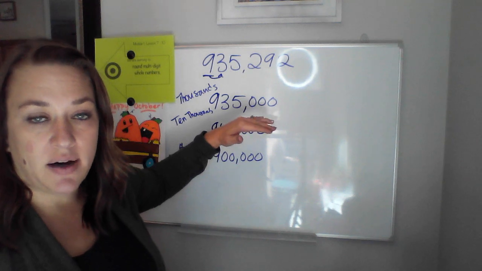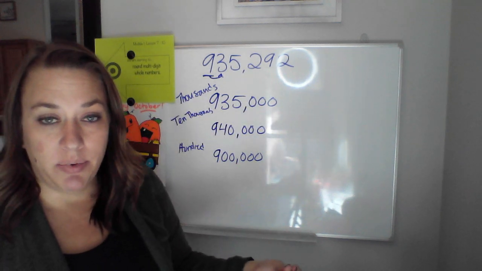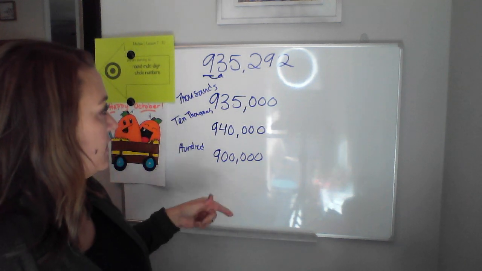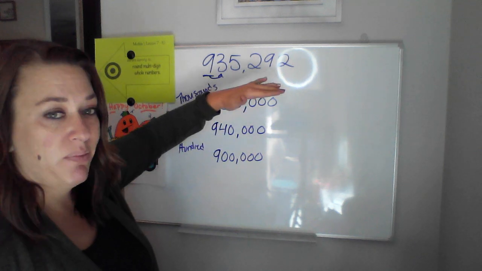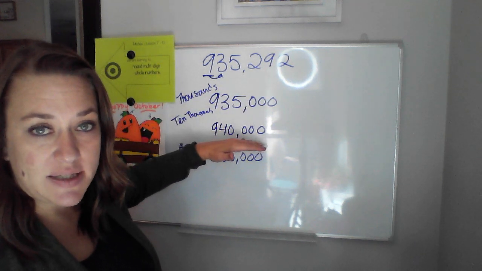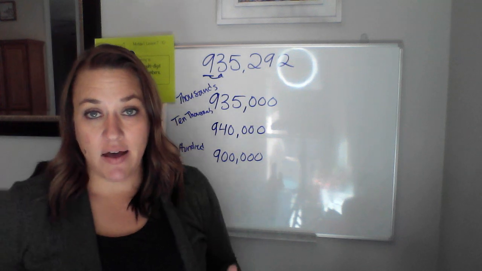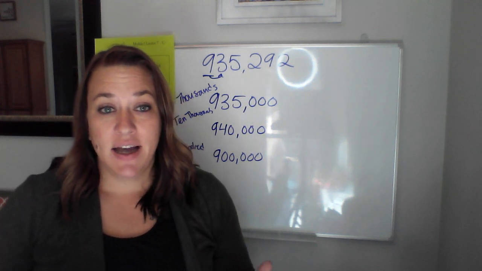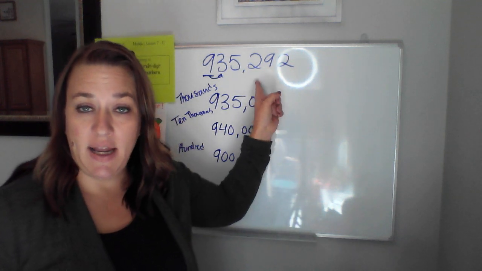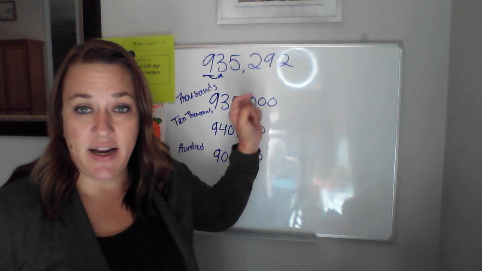So you have to think about what is your problem, right? What are you trying to figure out? If I was trying to order this many boxes, it would make more sense to round to my 10,000 because then I have more and I have enough, more than what my actual number is trying to get at.